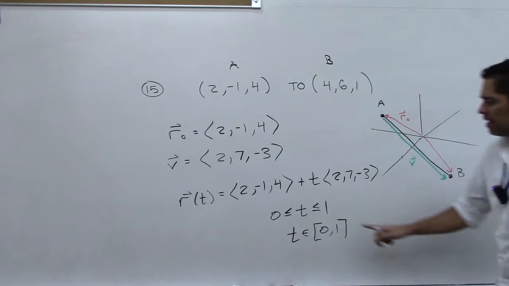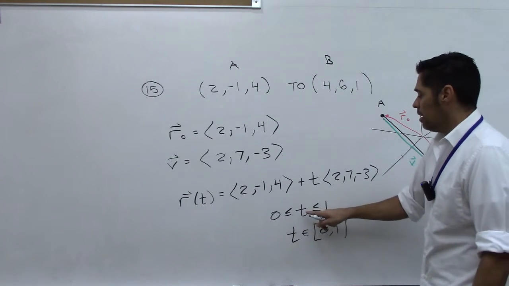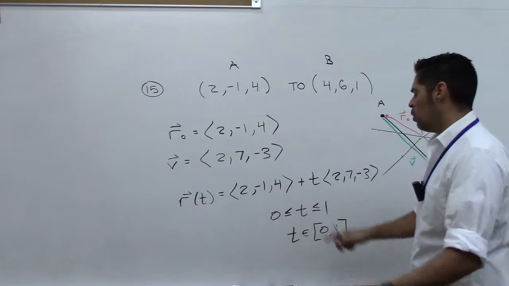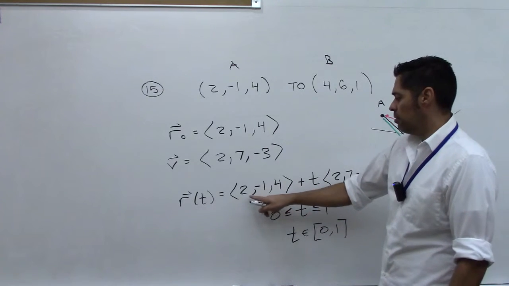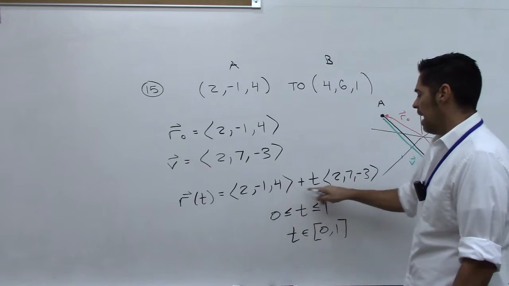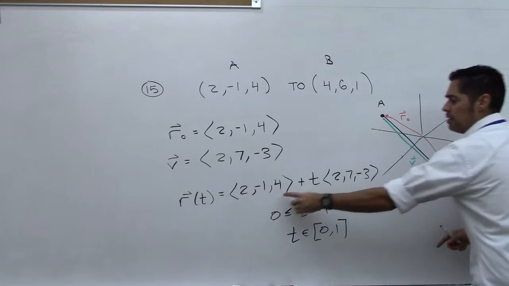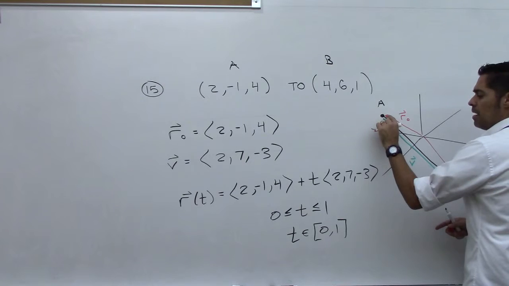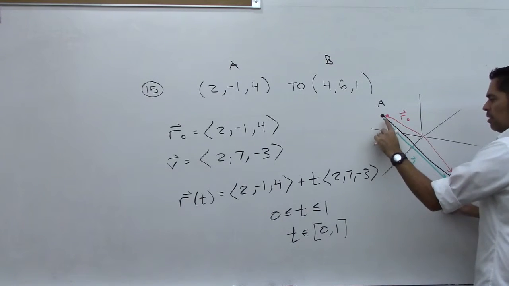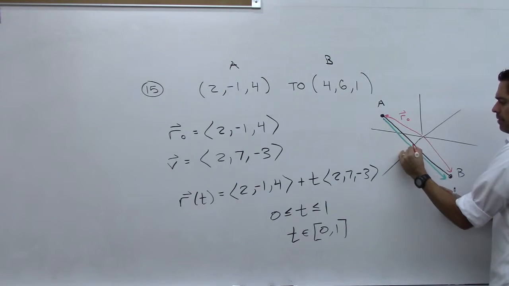And so you take some t that's in the middle, like let's say t is 1/2. What you're going to do is take this vector and add half of this vector. So this vector goes from here to here. Then you add to that half of the green one, which will take you halfway down the green one.